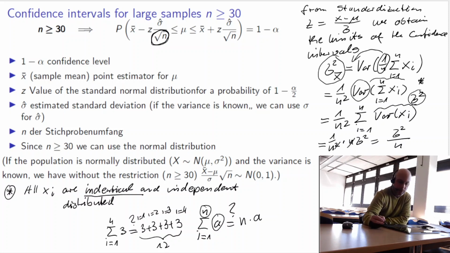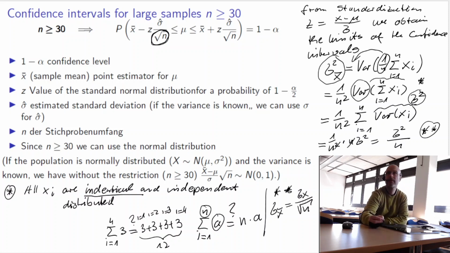If we take the square root, we obtain sigma x bar equals sigma x over square root of n.